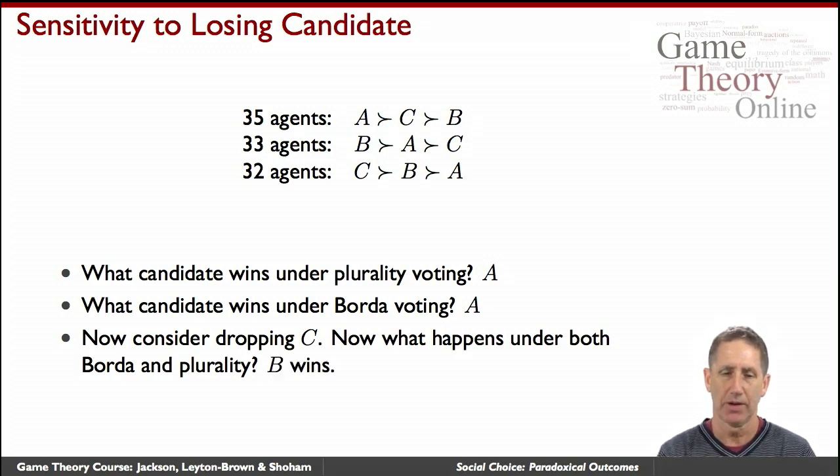And when you do, you realize that in both cases, B would win. And so here you have a candidate that has no chance of winning, and his sole role is to change what otherwise would be the outcome of the elections.